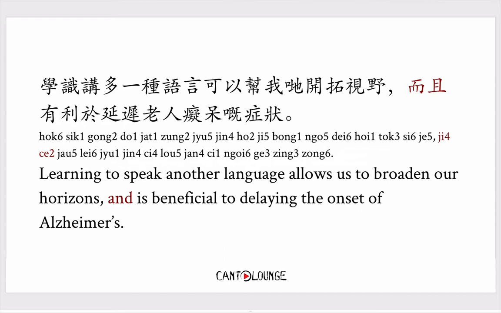學識講多一種語言可以幫我哋開拓視野，而且有利於延遲老人痴呆嘅症狀。Okay? So 學識 to learn to do something, 講多一種語言 to speak one more language, 可以幫我哋 can help us 開拓視野 to broaden our vision or horizons, a better translation. 而且 and, right?